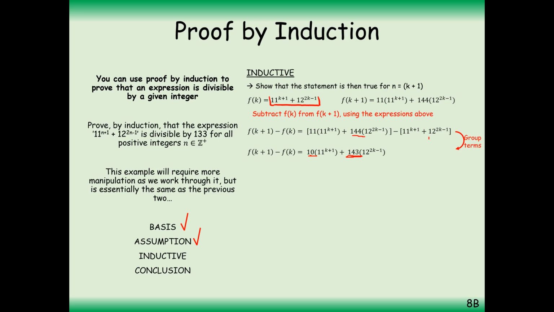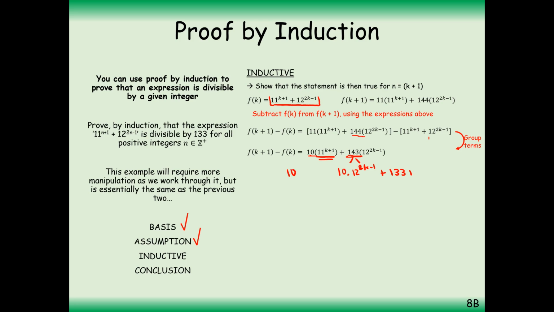So we already have 10 lots of 11 to the power of k plus 1, which is great. So we split this up into 10 lots of 12 to the power of 2k minus 1, and 10 plus what number adds up to 143? 10 plus 133. Yeah. So when we split this up, let me write minus 1 here.